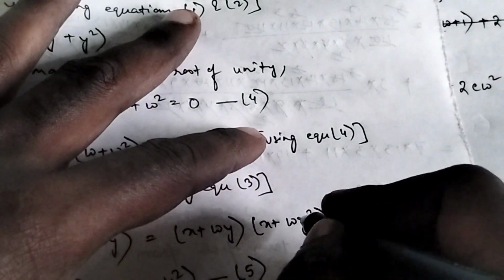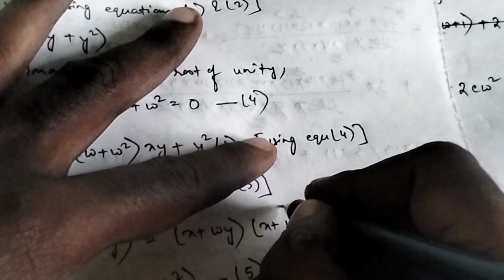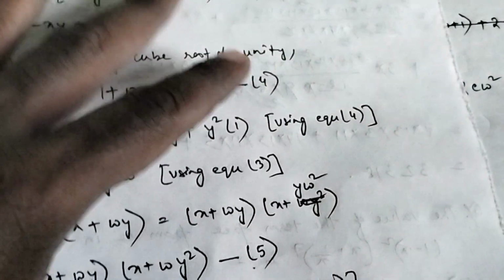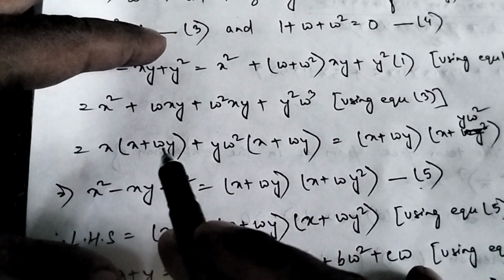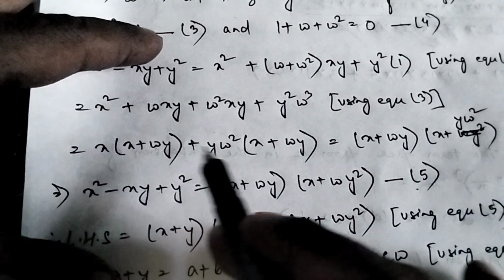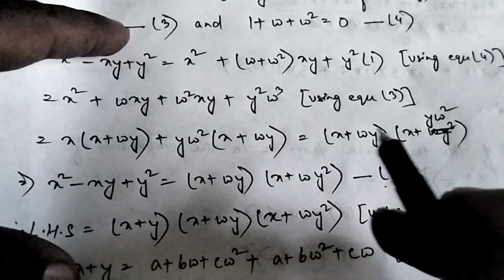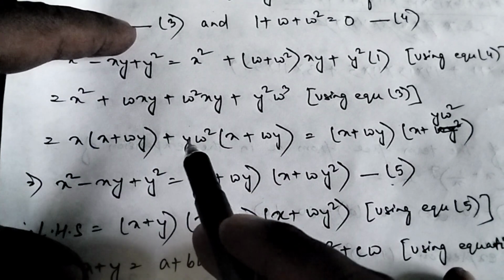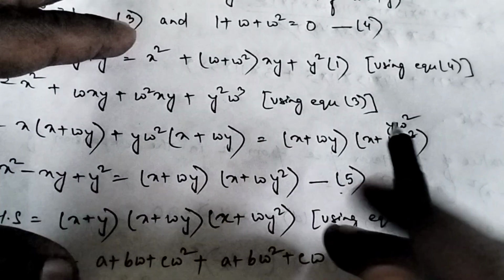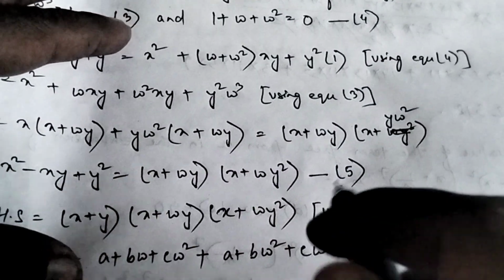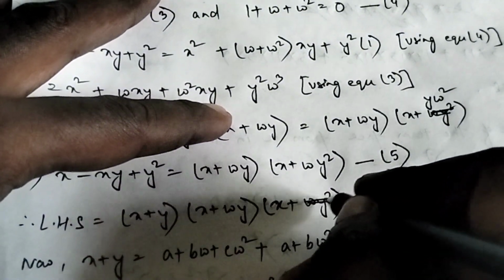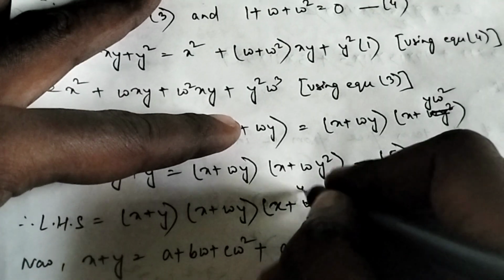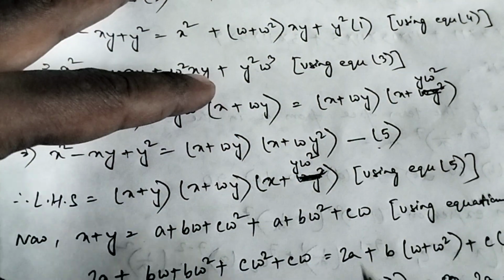If you take common x plus y, x plus omega y, then x plus y omega square. Here also you have written wrong: y omega square.